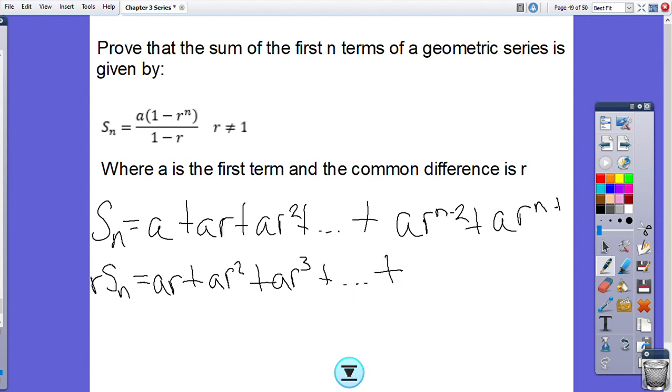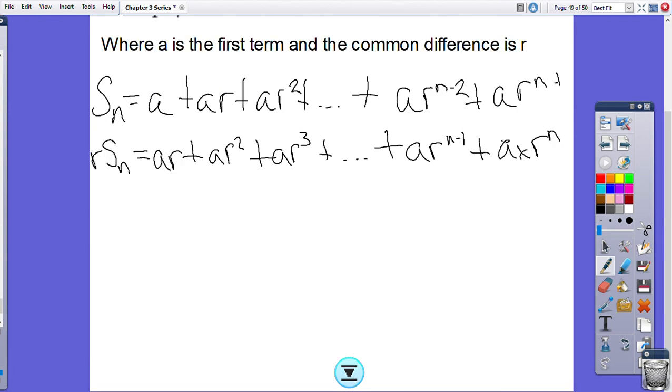Now ar^(n-2) times by r is going to be ar^(n-1). And then the last term, ar^(n-1) times by one more lot of r is just going to be ar^n.